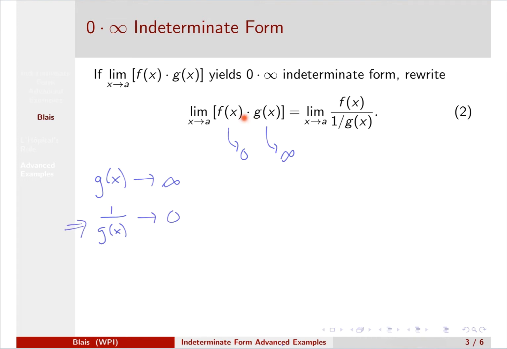That means when we rewrite this multiplication as division by a division, we now have a numerator going to 0 and a denominator going to 0, which gives the 0 over 0 indeterminate form, which means we can use L'Hopital's rule.